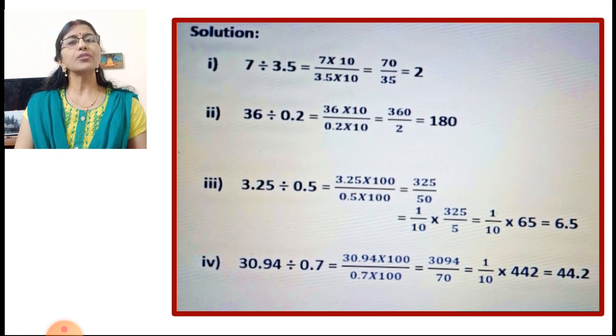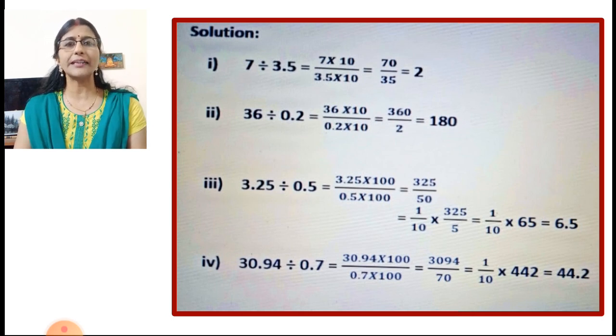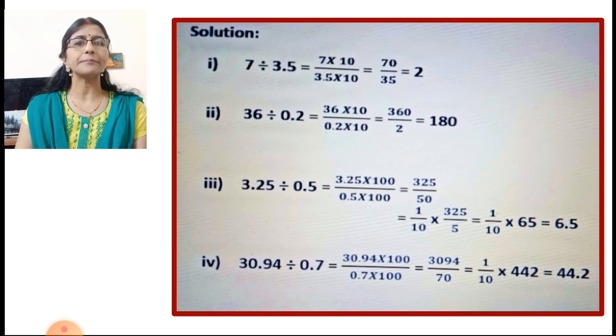Same way, let us go to the next question, 36 divided by 0.2. So again we are going to remove decimal point from the divisor. So for that what you have to do? You have to multiply by 10. So 36 will be multiplied by 10, as well as 0.2 also will be multiplied by 10. So we'll get 360, and in denominator we'll get 2.